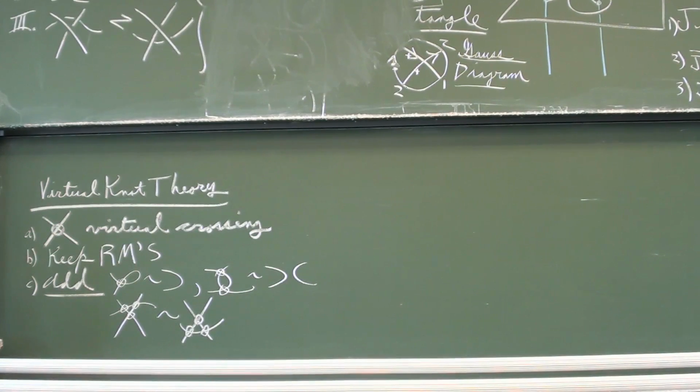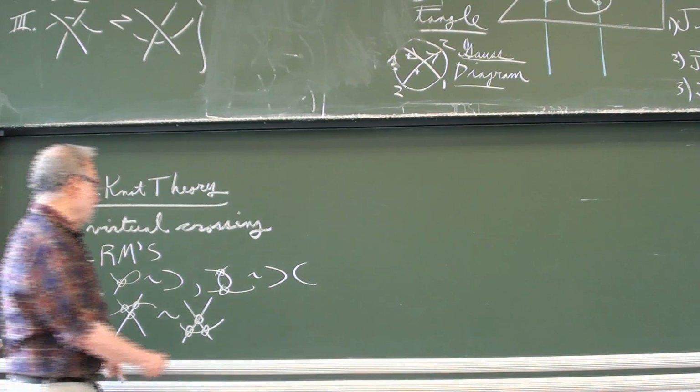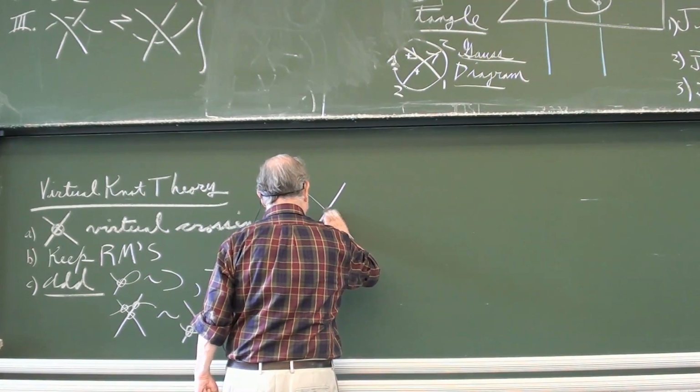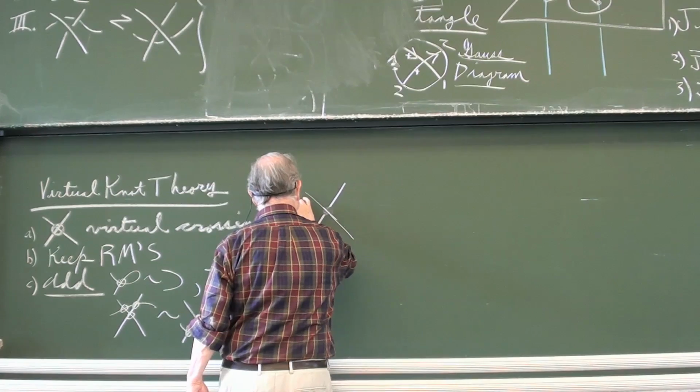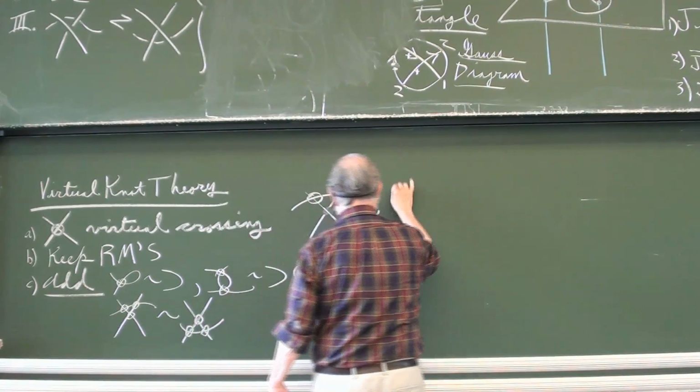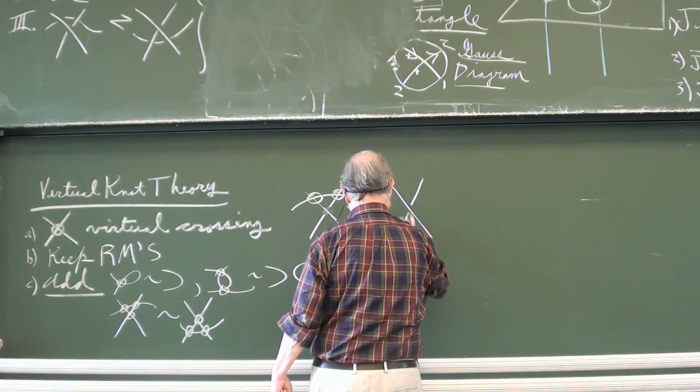So these are just flat Reidemeister moves so far, right? So that says that the virtual crossing not only does not know which way is up, but behaves as though it's just flat in the plane. And then, in fact, it even knows less than that in the sense that it's allowed to move across ordinary crossings. This is the important one, that we're allowing this.